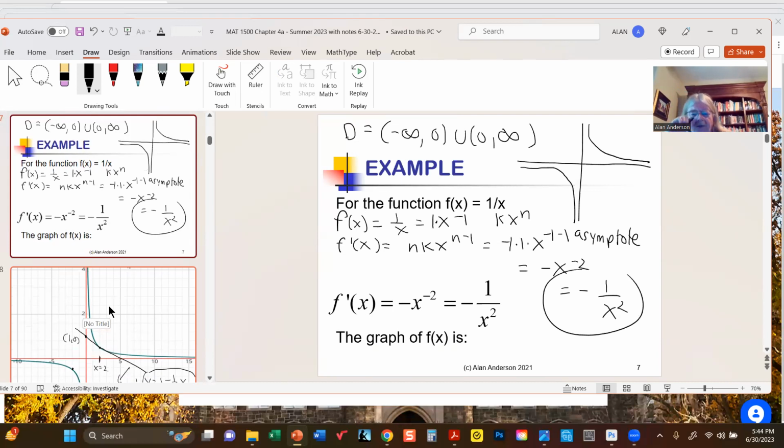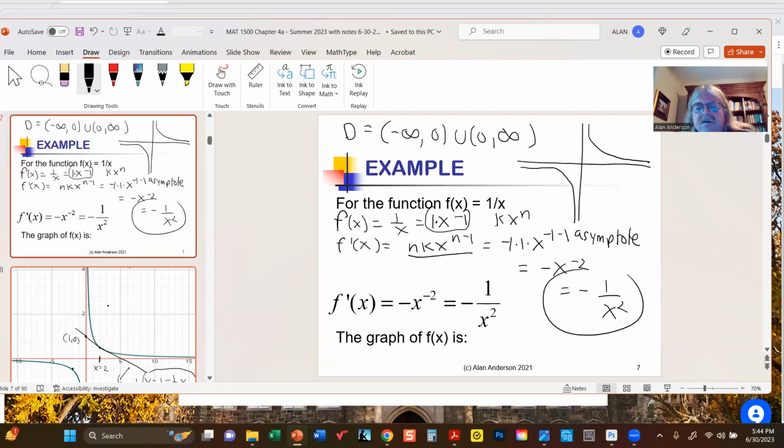So based on the power rule, after writing 1 over x as x to the minus 1 power, you can see that the derivative of 1 over x becomes negative 1 over x squared. Okay, here's why, because there's an implicit 1 here, 1 times x to the minus 1. 1 is our k, n is negative 1.